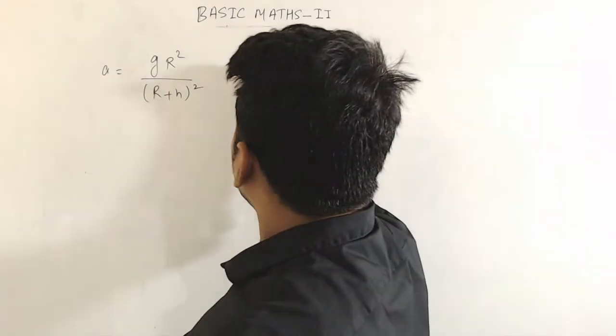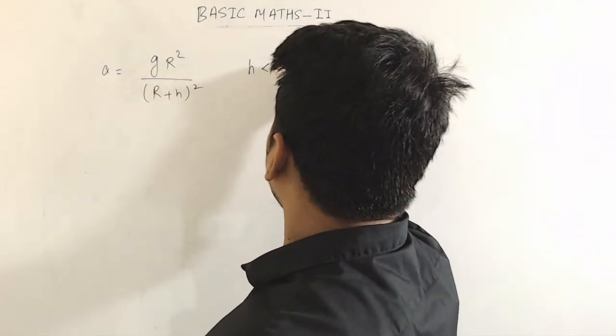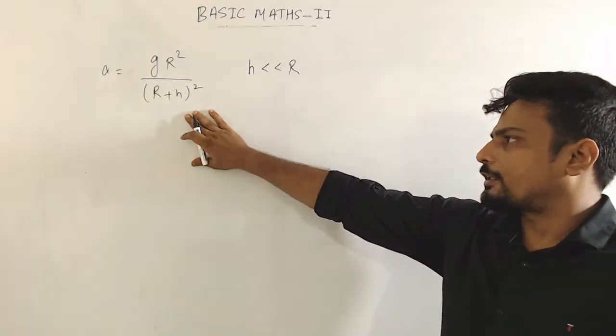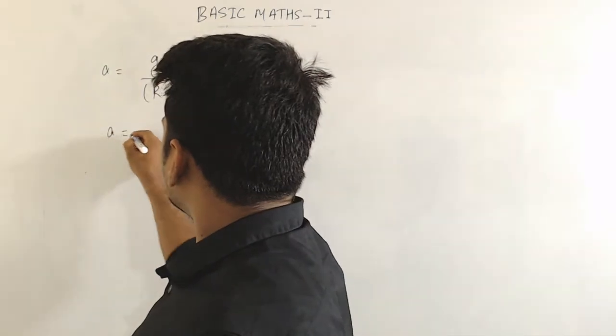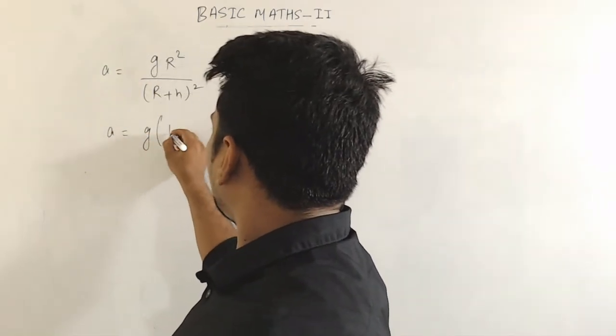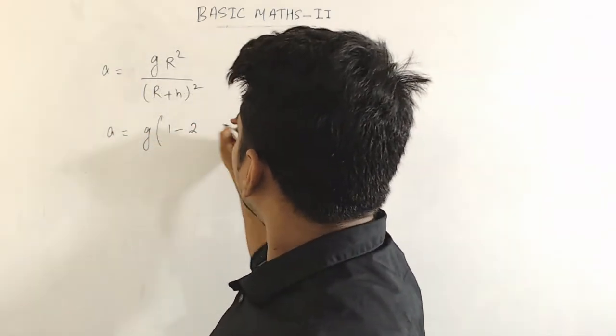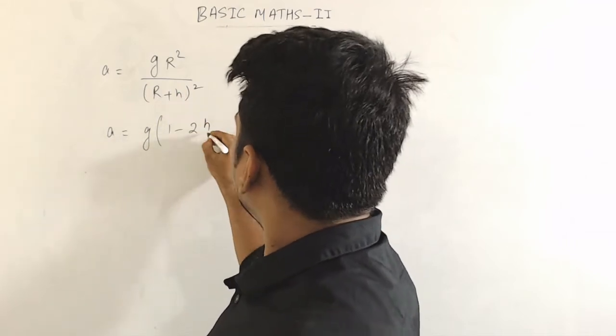For a value of h which is very, very lesser than r, we can make some assumptions. I want you to prove that this is equal to g times 1 minus 2h upon r.